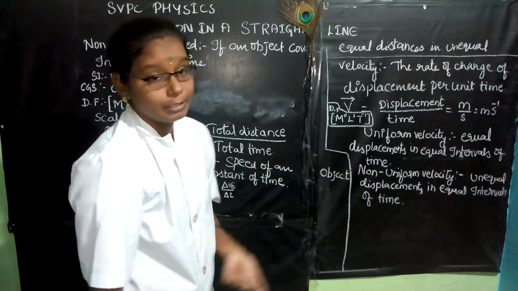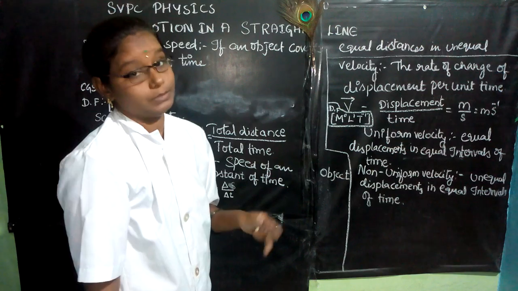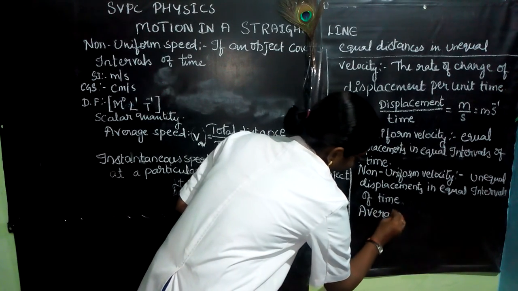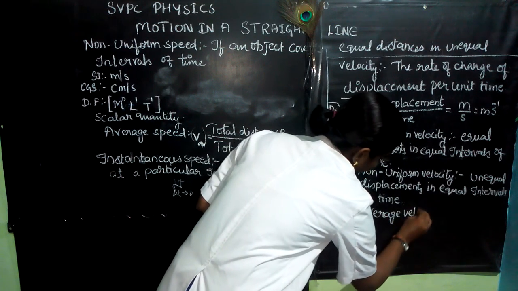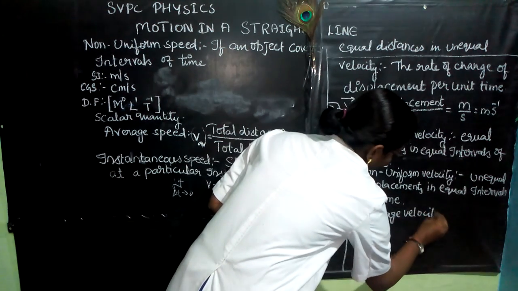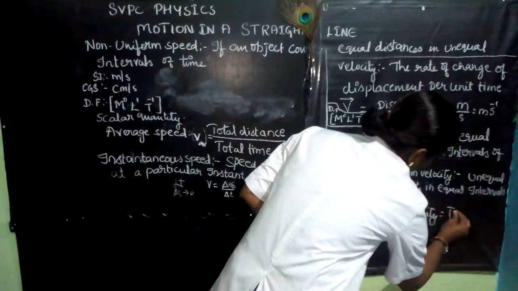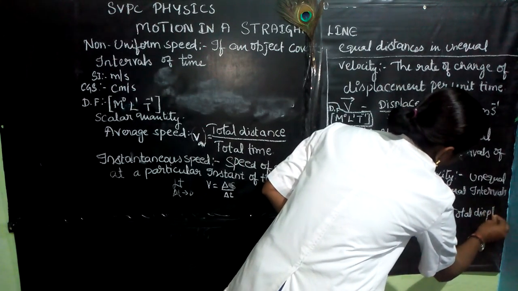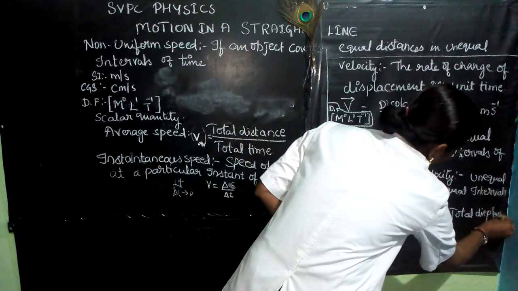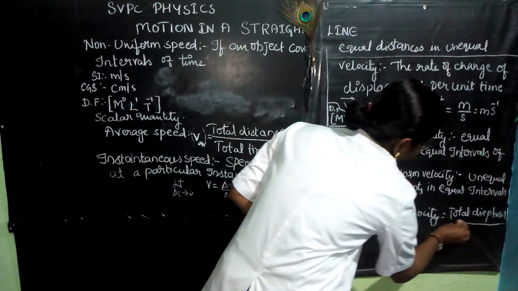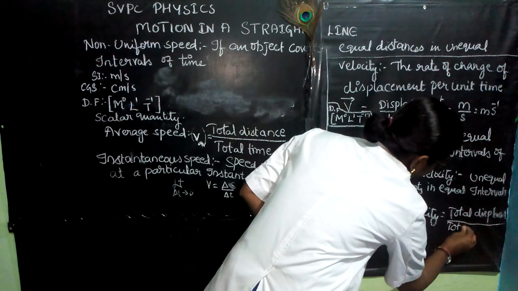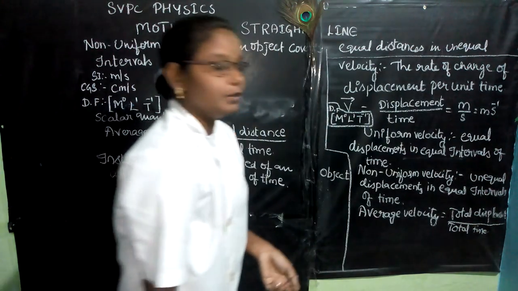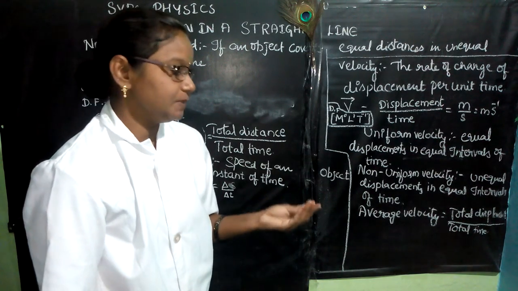Then coming to the average velocity. Average velocity is total displacement by total time.